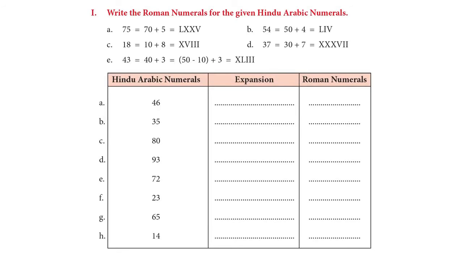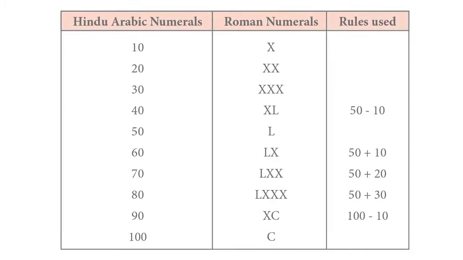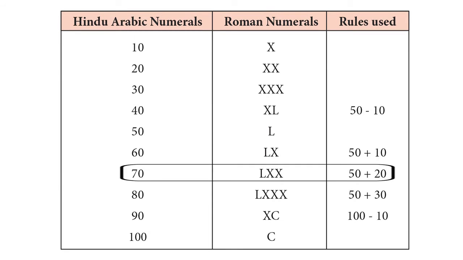Look at the screen, page number 71. Write the Roman numerals for the given Hindu Arabic numerals. So here, as I mentioned, expanded form is very important for you to write the answer for Roman numerals as well. 70 plus 5. Let's go back to the table and see what it is for 70.